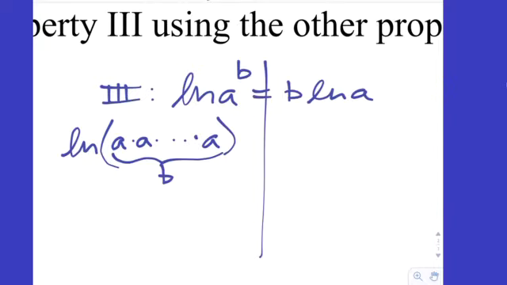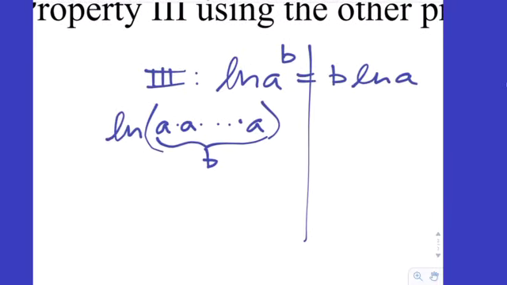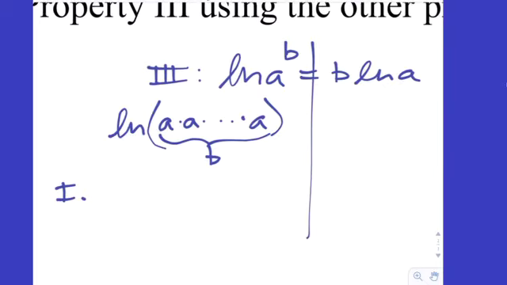So I can write the natural log of A to the Bth power as natural log of A, B times. That's not using either one of the properties. That's just the definition of exponents. But now I can use property 1 because now I have multiple factors. I can write that as the natural log of A plus the natural log of A plus dot, dot, dot, the natural log of A. And how many of those will I have?